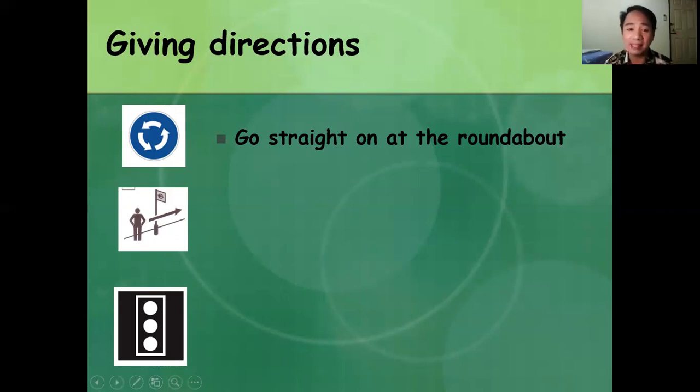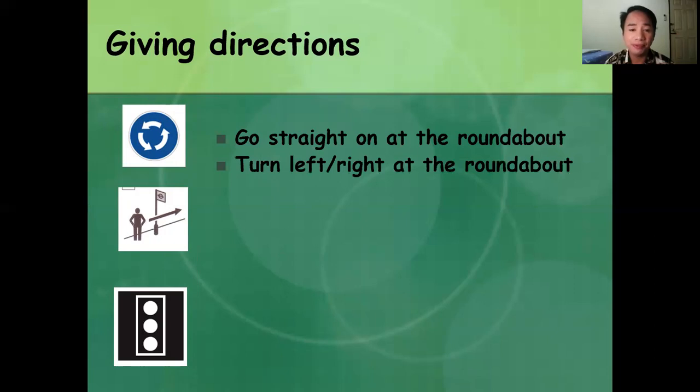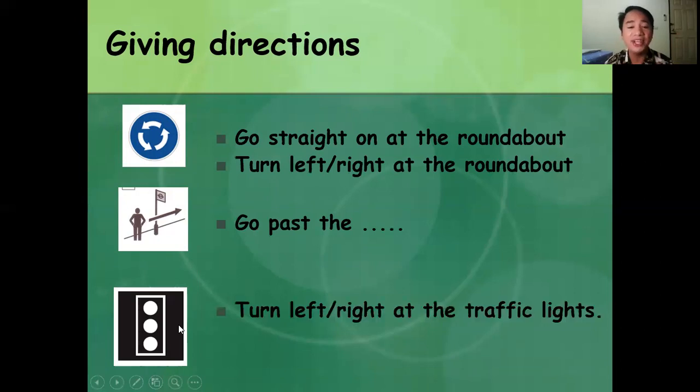It indicates go past the road or go down the road. And then the last photo, how about this one? It indicates turn left, right at the traffic lights. Okay. So these are the signs and the directions that you need to follow.